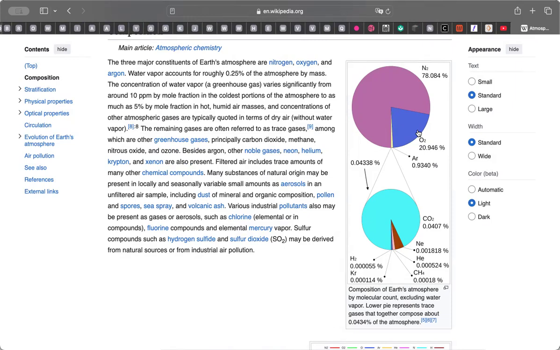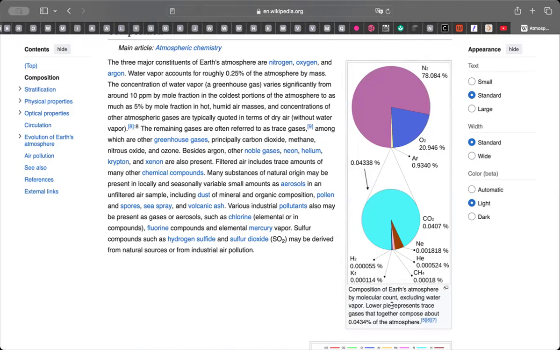So we have oxygen. And do you know what this one is? N is nitrogen. So nitrogen, oxygen, and argon. It says the composition is excluding water vapor, so it's not counting the water, H2O.